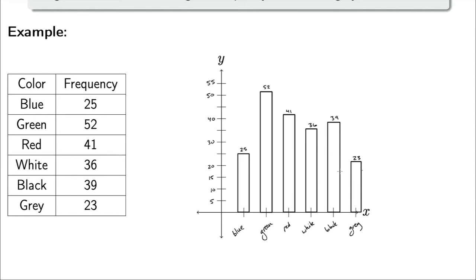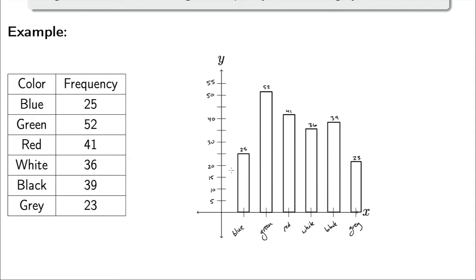Now you'll notice that this picture gives a very quick indication of what's going on, faster than just looking at these numbers. Looking at the numbers, you have to realize that 52 is like twice 25, whereas here you see the height, and it's a lot easier for our minds to interpret that.